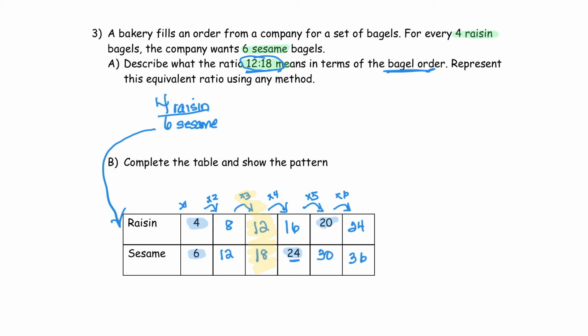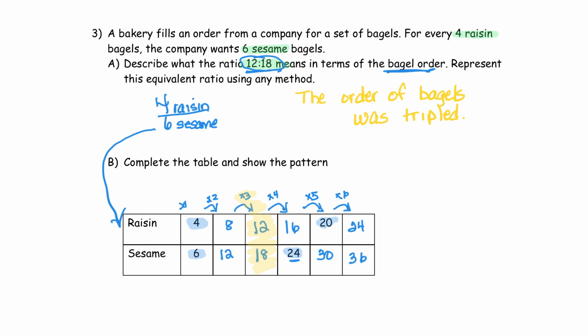It means that we can actually just simply say that the order of bagels was tripled. So it was tripled. So what exactly does that mean?